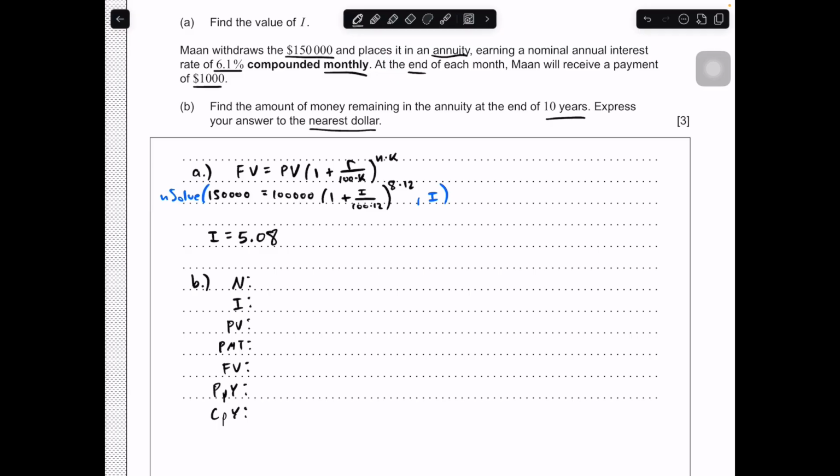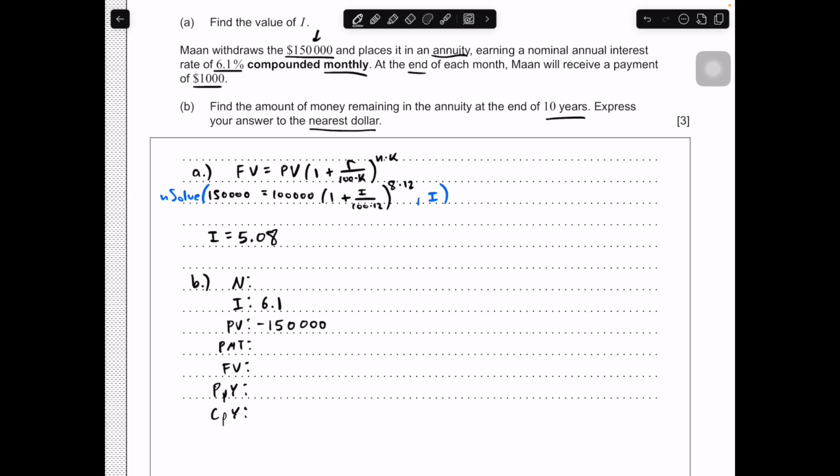Okay, interest rate is always the easiest. Let's start with that one, 6.1. Okay, so present value, 150,000. We say this is money flowing out, so this one we're going to have to be careful with.